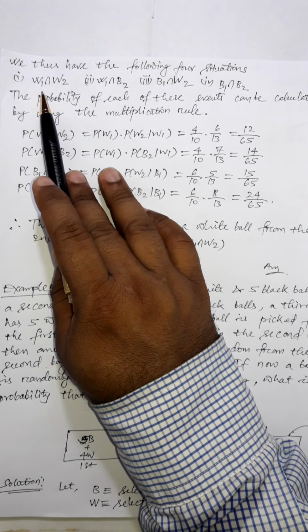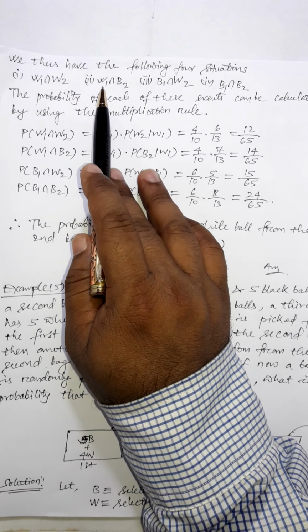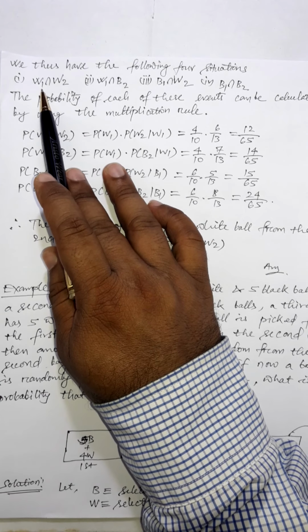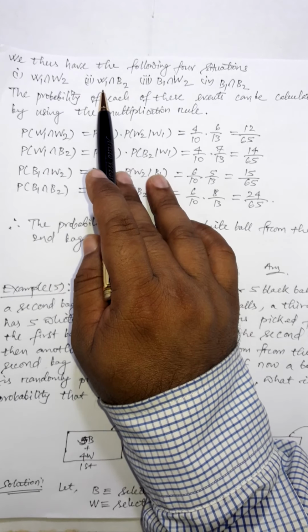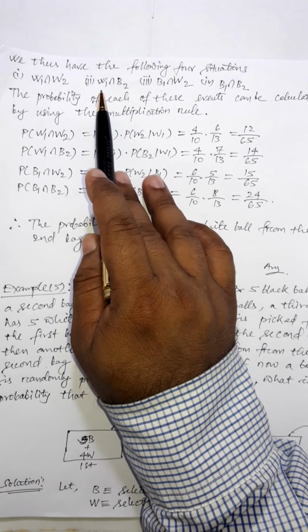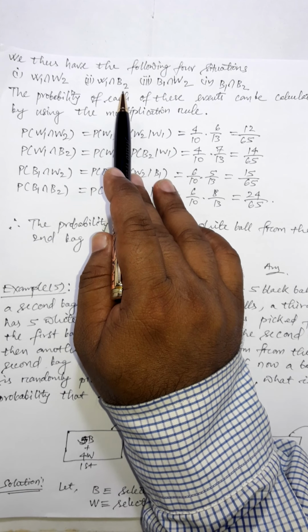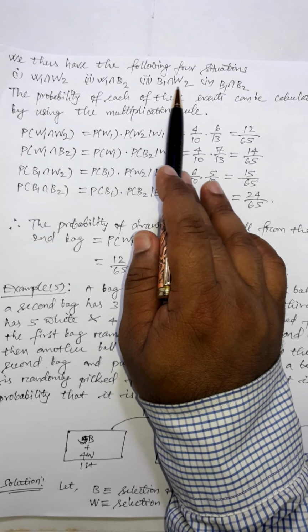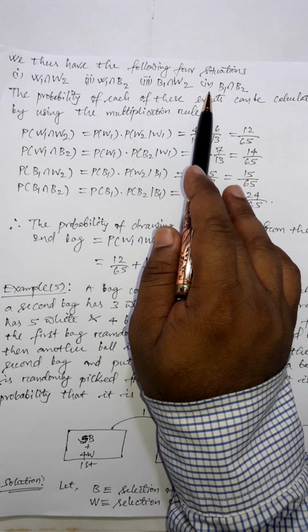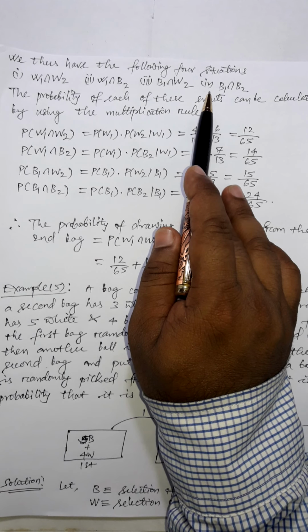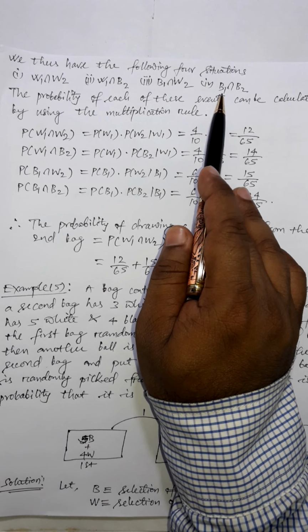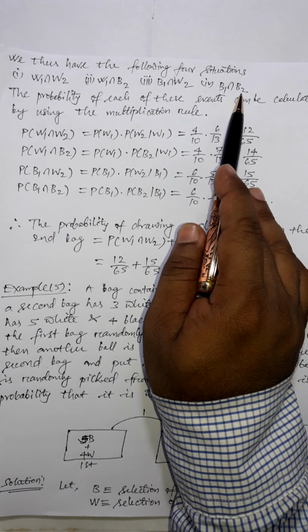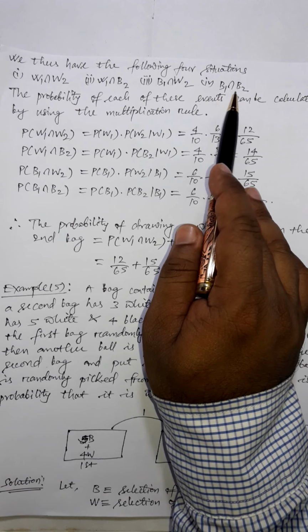That means W1 intersection W2, that means 2 white balls. Second, the first is a white ball and the second is a black ball in the second draw. Third, the first draw will be a black ball and the second draw will be a white ball, and the fourth case, the first draw will be a black ball and the second draw will also be a black ball.